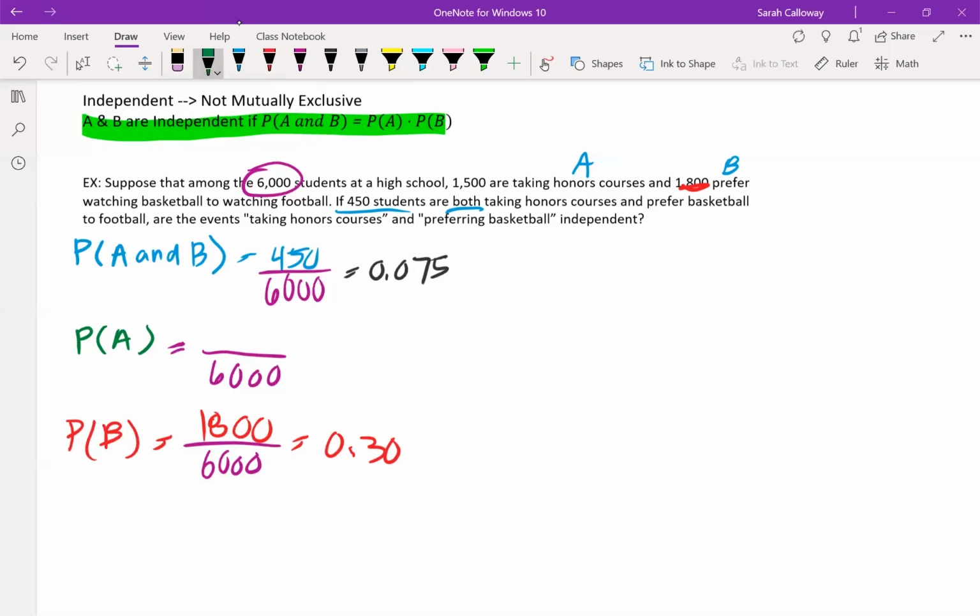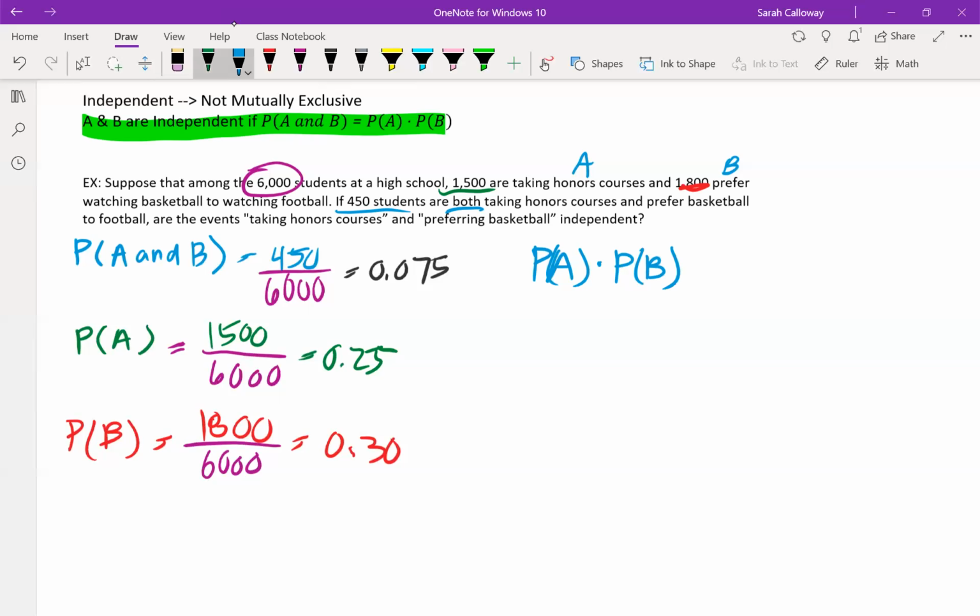Then 1,500 are taking honors courses, so that means that the probability of A occurring is 0.25. So what we want to check is, does the probability of A times the probability of B give us the same result that we got from A and B?